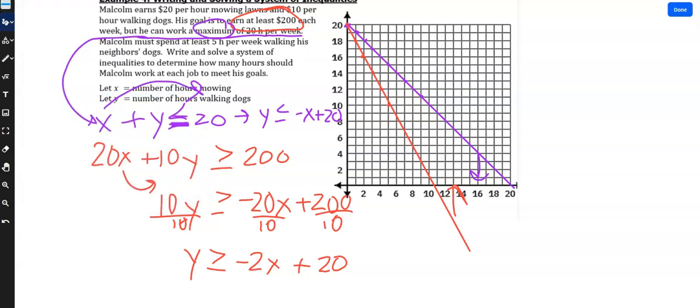Malcolm must spend at least 5 hours per week walking his neighbor's dogs. So y is the number of dogs, so they just told me that y has to be greater than or equal to 5. Well, y equals 5 is a horizontal line that comes through here like this. And we want to shade above that line.